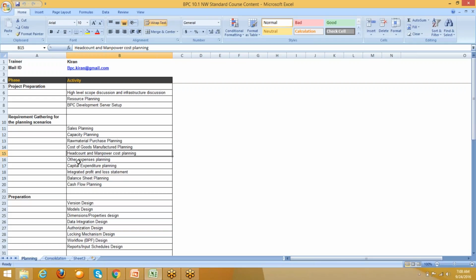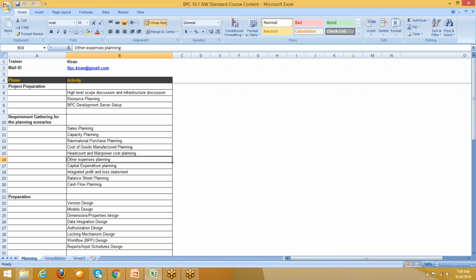I am going to fill those vacant positions next year. What is the cost involved for those vacant positions? That we are going to do in headcount and manpower cost planning. So new headcount planning, existing headcount planning. Other expenses planning. So the expenses like overhead expenses you can say.